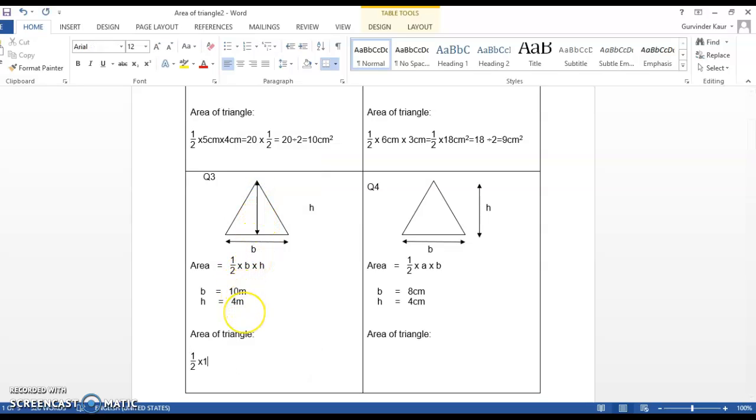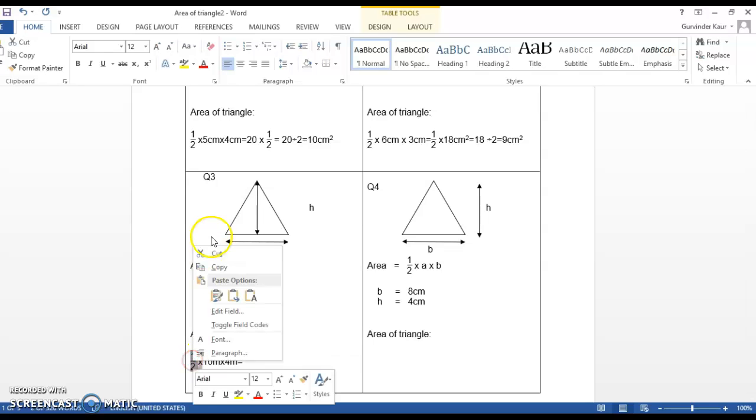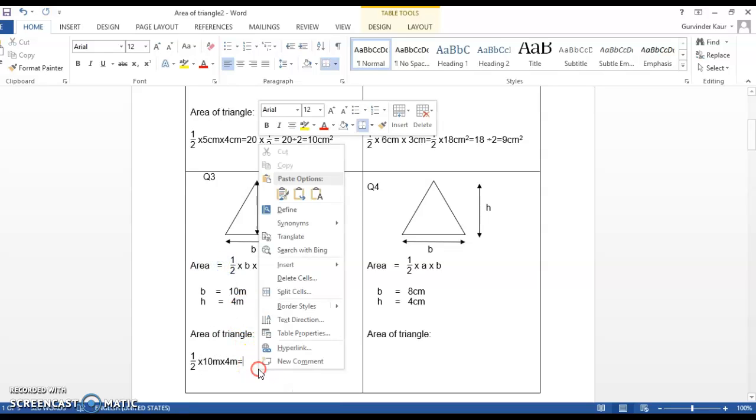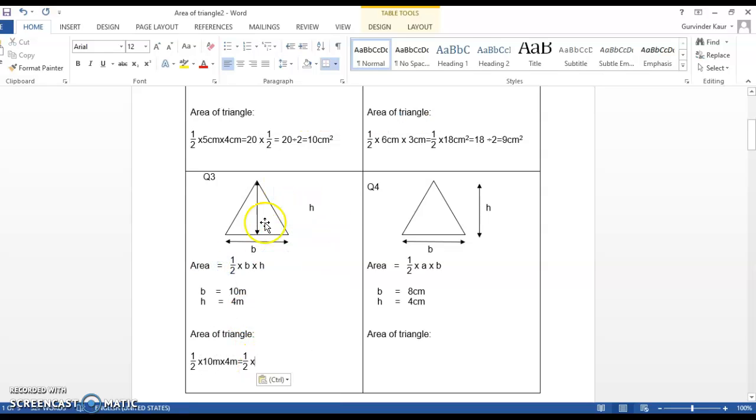The base is 10 meters and the height is 4 meters. So we have half times 10 times 4 is 40. So we have half times 40 meter square.